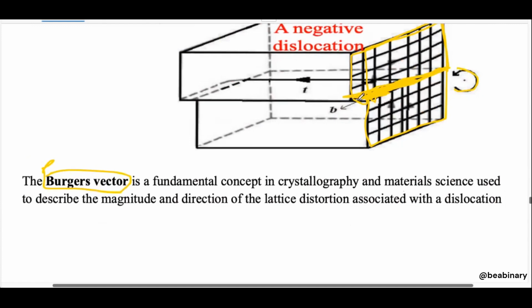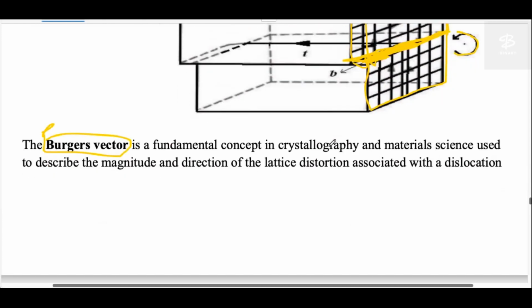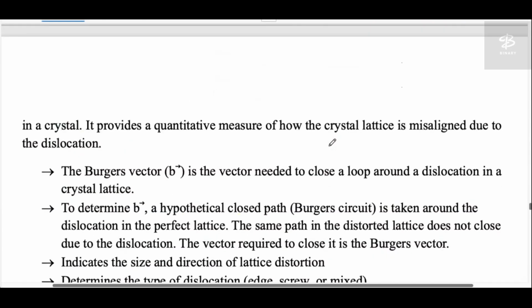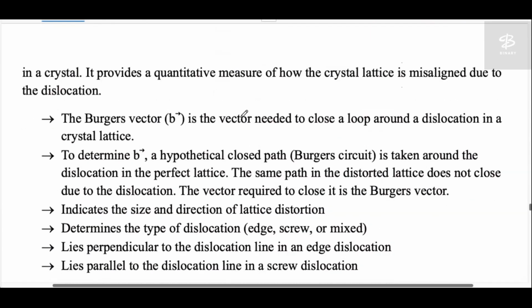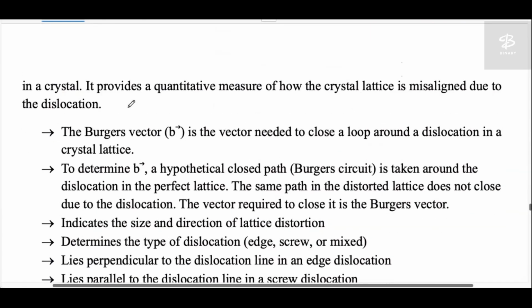So what kind of dislocation it is, how much the dislocation is, and what the distance is, all of that is measured by the Burgers vector. Okay, so how can you measure the Burgers vector? Look here. In a crystal, it provides a quantitative measurement of how the crystal lattice is misaligned due to the dislocation.